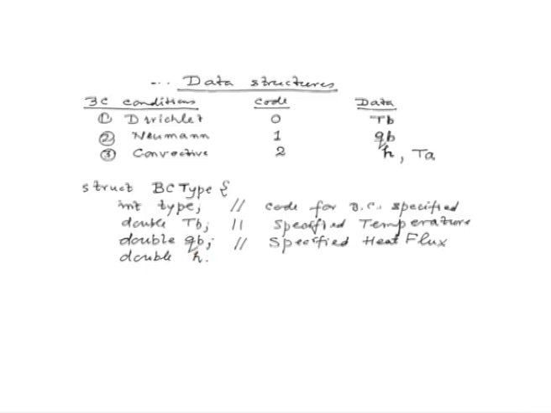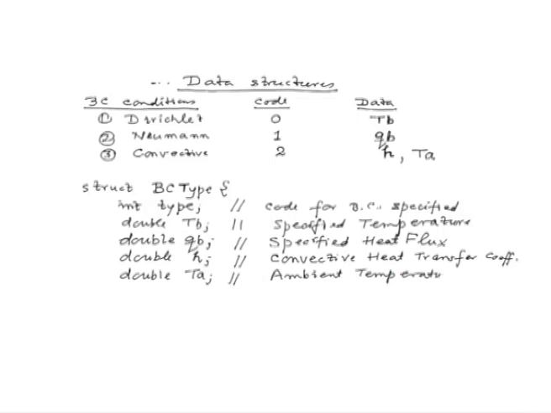Double H, which stands for our convective heat transfer coefficient. Double TA, this is ambient temperature, which is required in specification of convective boundary condition.